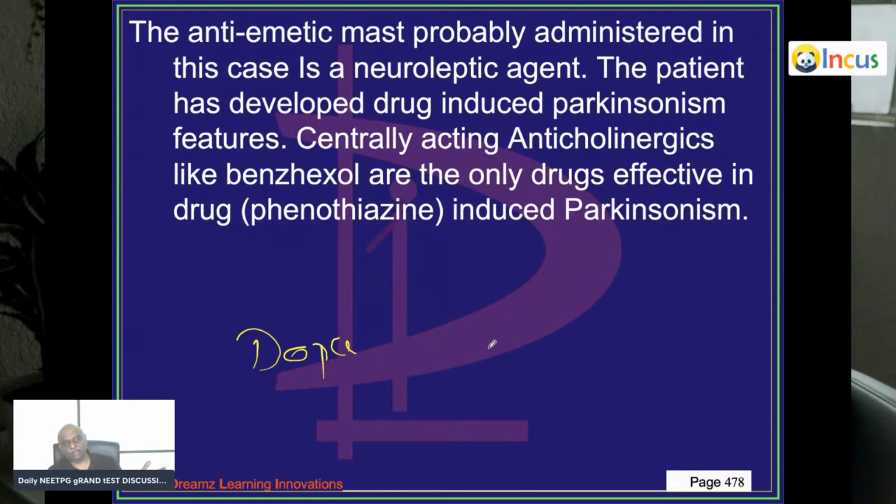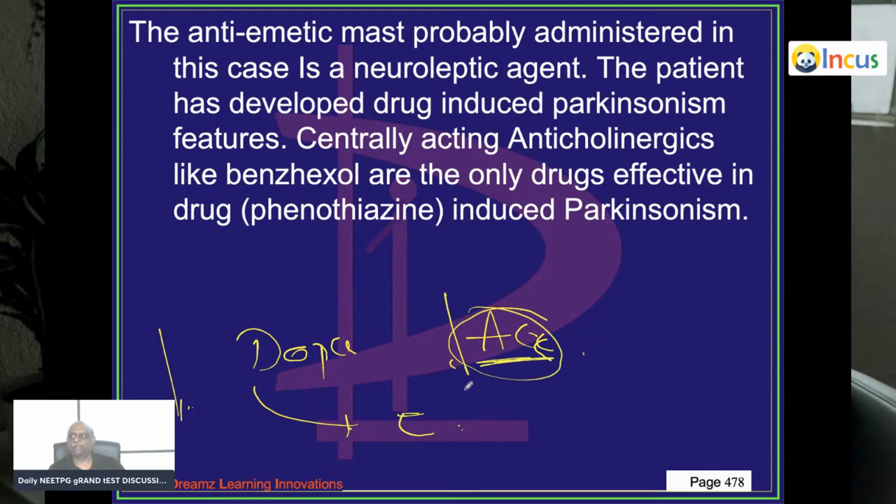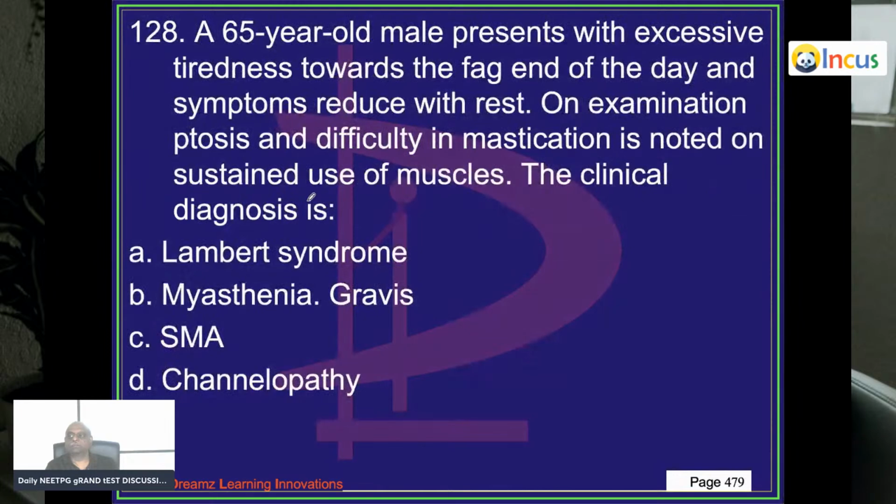Dopamine and acetylcholine. If dopamine decreases, that leads to extrapyramidal symptoms. So you need to give a drug which will also bring down the acetylcholine level, like benzhexol.